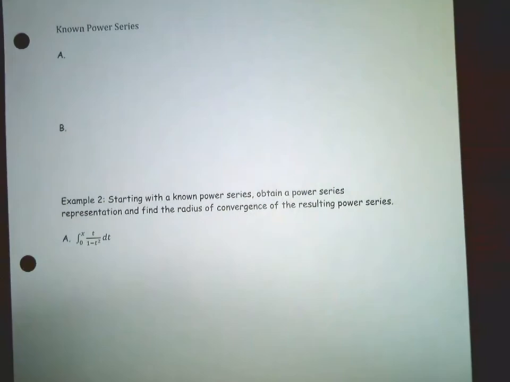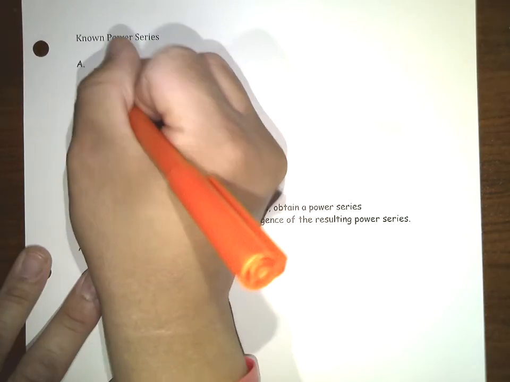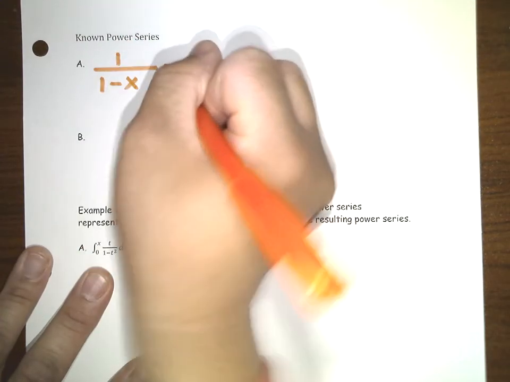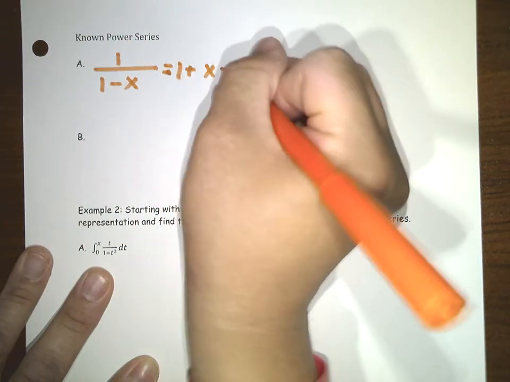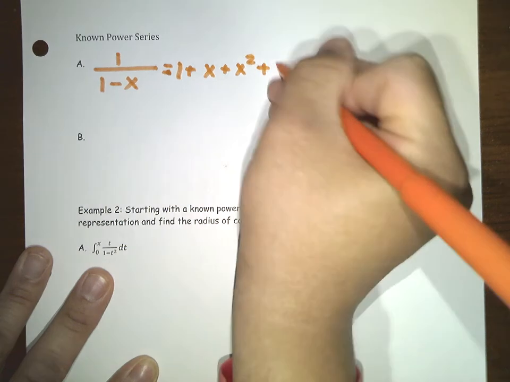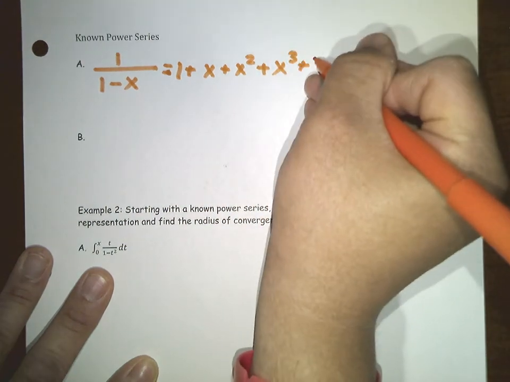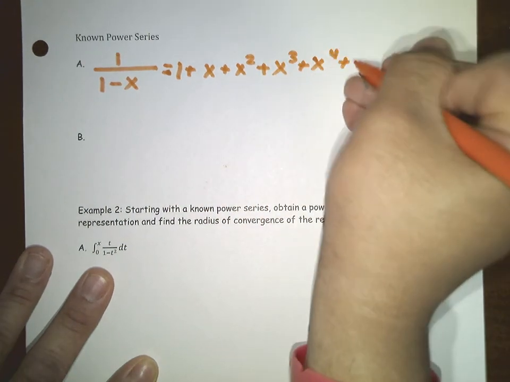All right, so let's try to look here at some known power series. There are two famous power series. Try to remember these and memorize them for the rest of your life. One of them is 1 over 1 minus x, and that will be 1 plus x plus x squared plus x to the third plus x to the fourth, and so on.